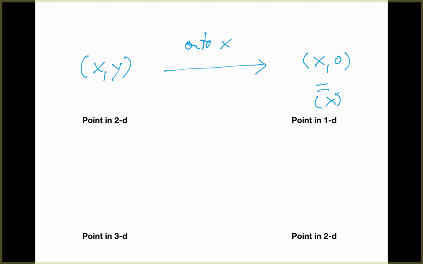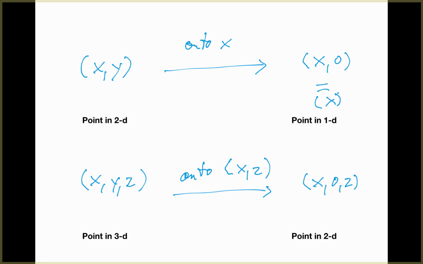And the same thing in 3D, if we take x, y, z as 3 coordinates and we project that onto, what now? We can't project just onto one, we have to project on a plane. We're only eliminating one coordinate, so let's say we're projecting on x, z, then we're losing the y coordinate and we end up with a point which is (x, 0, z), or simply (x, z). And that's really all there is to those simple projections that we want to use now.